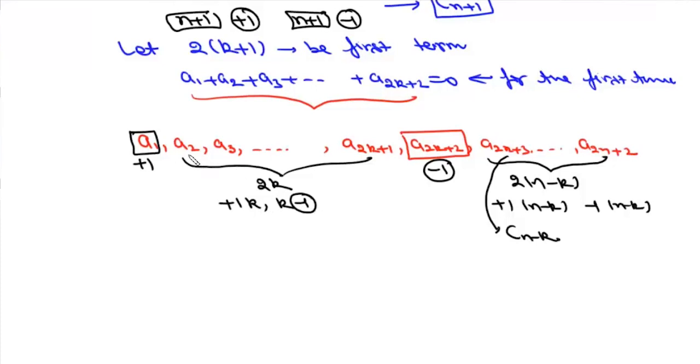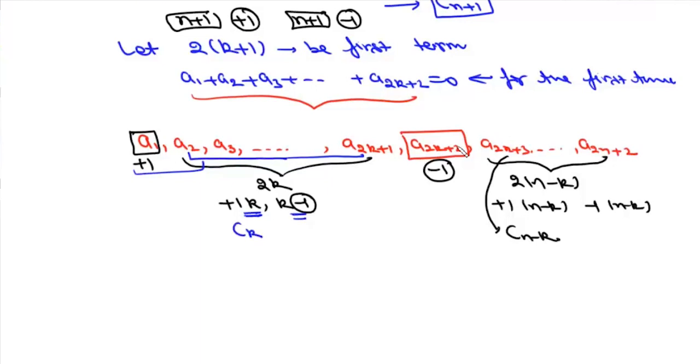Now if we choose any initial sequence from a2 such that the number of plus 1s is greater than or equal to the number of minus 1s, then the sequence, if we add 1 to it, will always be greater than 0, so it can never be 0. So the number of sequences in which none of the partial sums a1, a2, a3, up to a(2k+1) is 0 will be given by the acceptable arrangements of k plus 1s and k minus 1s, which is given by Ck.